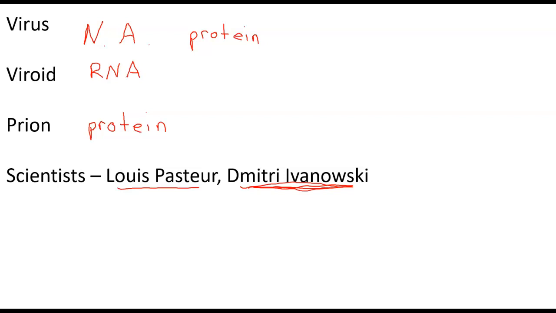But he found out that he used a filter to filter samples of the disease through a filter that was so small that bacteria could have never made it through that filter. So he discovered that it has to be something smaller than a bacterium that was causing the tobacco mosaic disease.